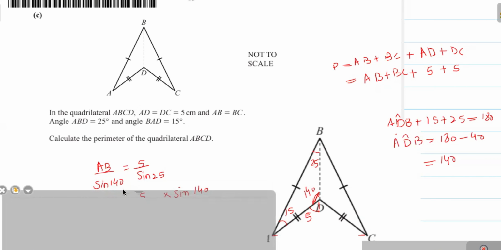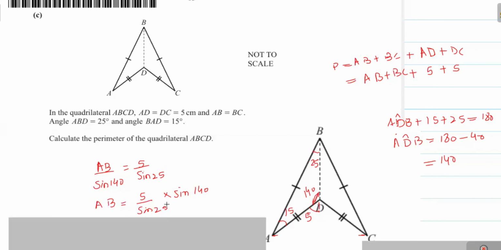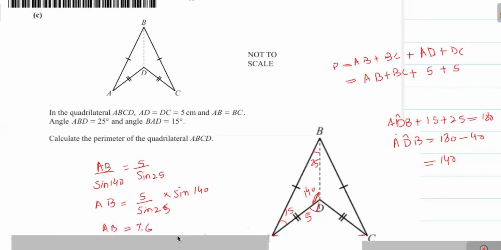Therefore, AB will be equal to 5 over sine 25 into sine 140. Now this value will be equal to 7.6.